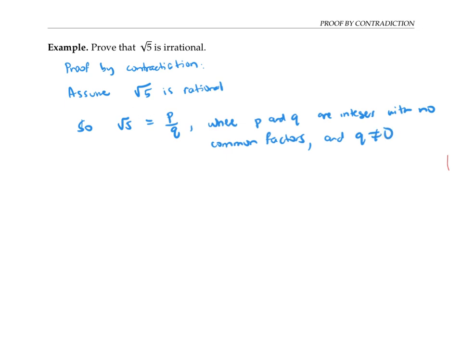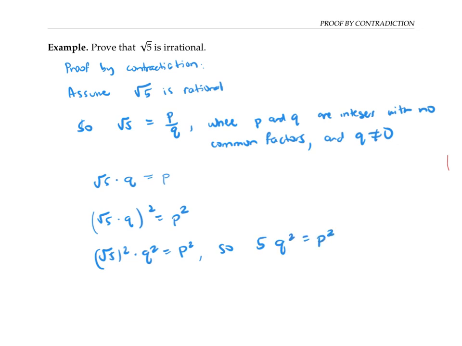Let's rewrite this equation as the square root of 5 times q is equal to p, and let's square both sides. That gives us that the square root of 5 squared times q squared equals p squared, so 5 times q squared equals p squared.